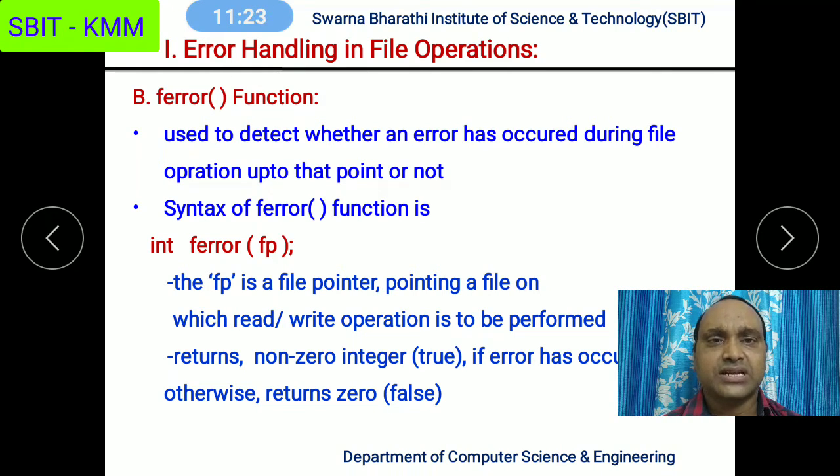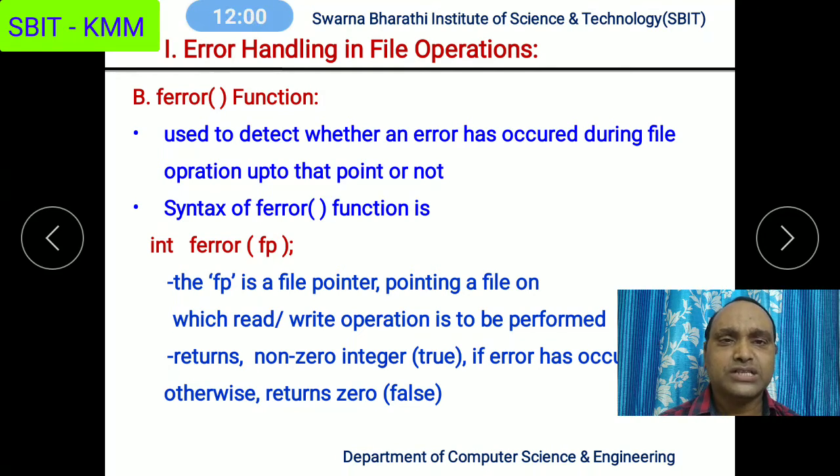Then if you pass this file pointer as an argument to the ferror function, it returns a non-zero value if any error has been generated up to that point while performing operations on the file. Means if the ferror function is returning a non-zero value, we should understand that some mistake has been made by us up to this point. Some error has taken place.